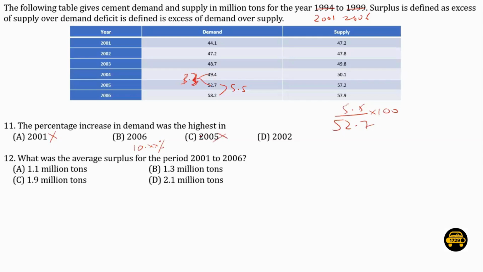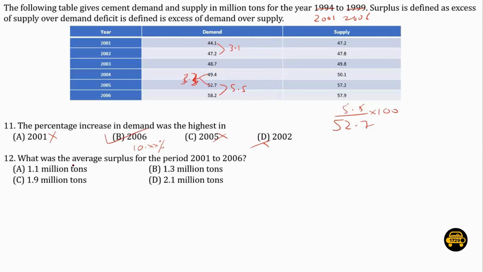So this cannot be the answer, because the value is not more than or equal to 10%. In 2002 again, the increase is 44.1 to 47.2, an increase of 3.1 over 44.1. And 10% of 44.1 will be 4.41, so this is also less than 10%. So this also cannot be the answer. So the percentage increase in demand was highest in 2006.